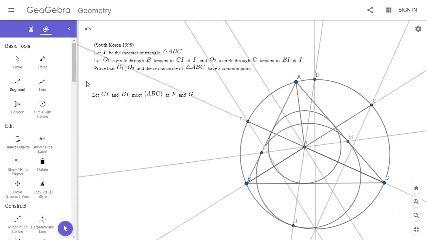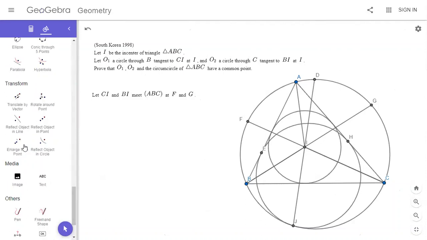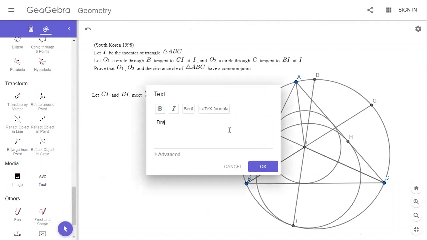I'm going to draw a segment here. So draw the A mixed linear incircle.